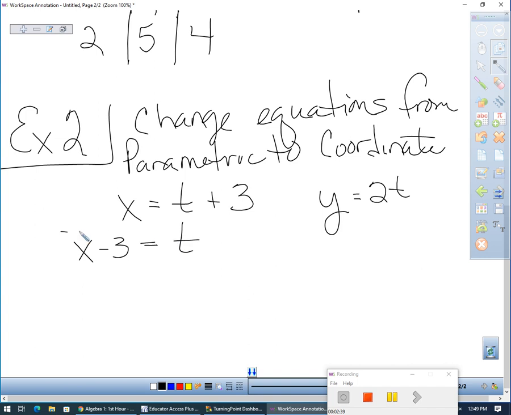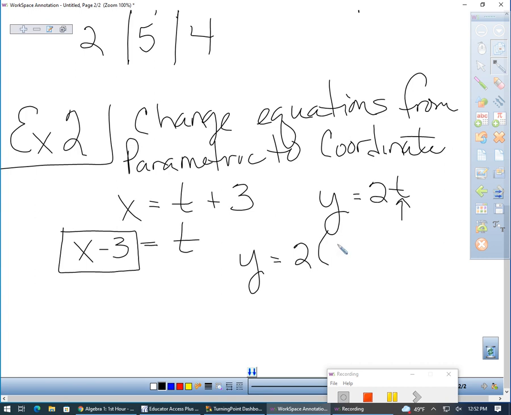Then I can take this x minus 3 and plug it into the y equation where t is. So I have y equals 2 times x minus 3. So I'd have y equals 2x minus 6. Go back and look at that graph. Does it look like the graph could be 2x minus 6?